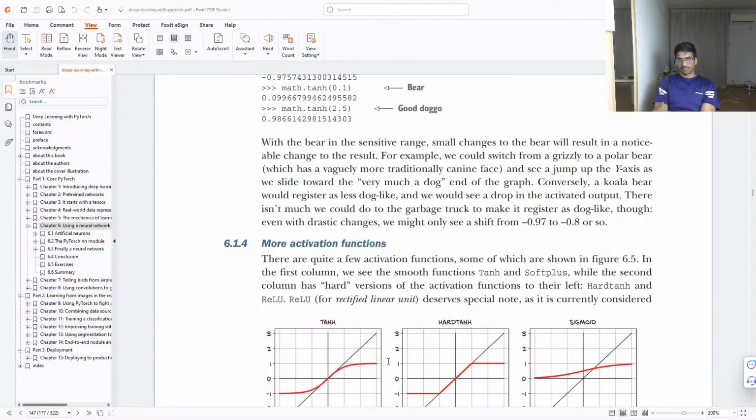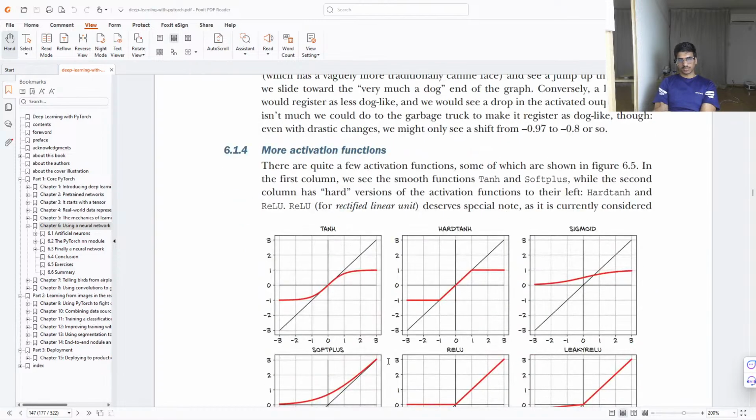Conversely, a koala bear will register as less dog-like, and we will see a drop in the activated output, and there isn't so much we could do to the garbage truck to make it register as dog-like, though even with drastic changes we might only see a shift from minus 0.97 to minus 0.8 or so.